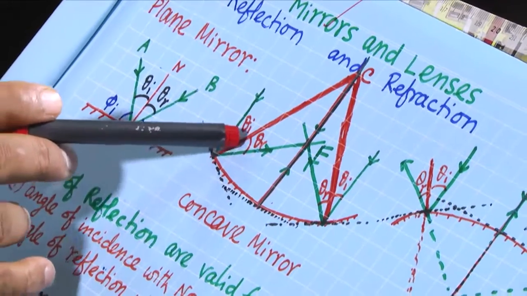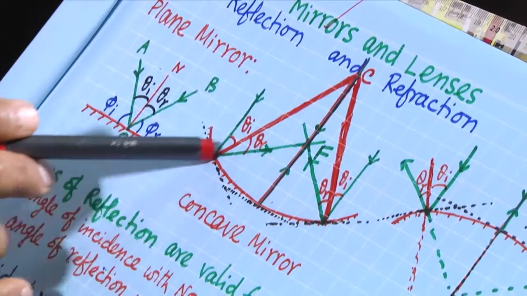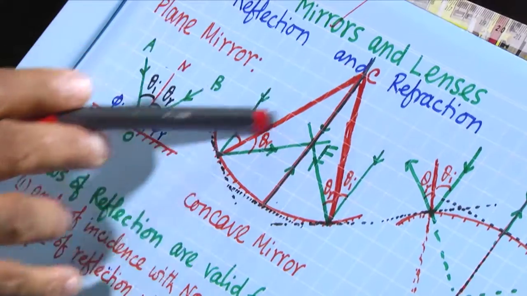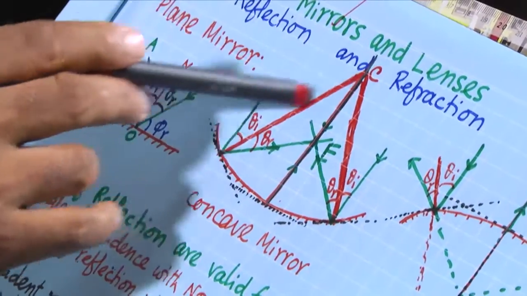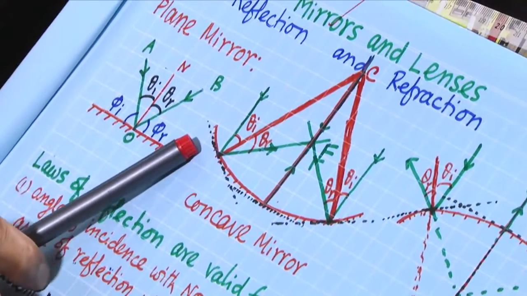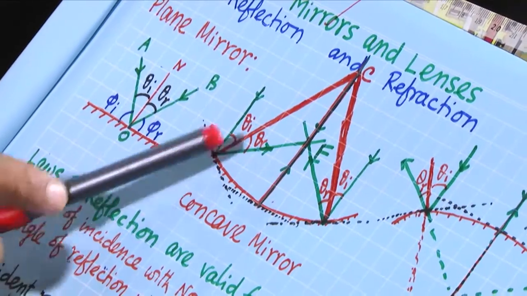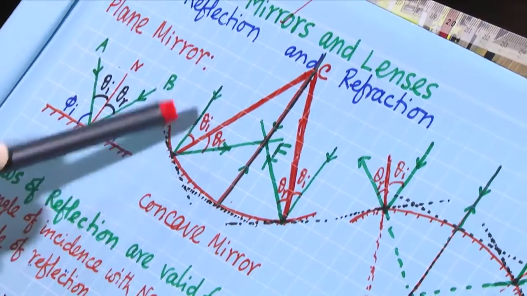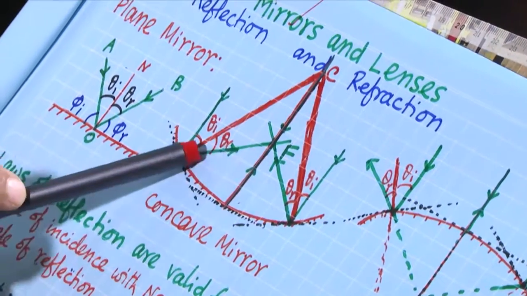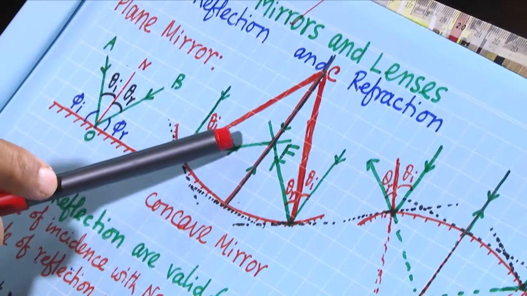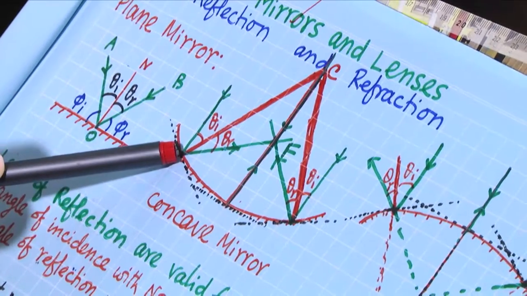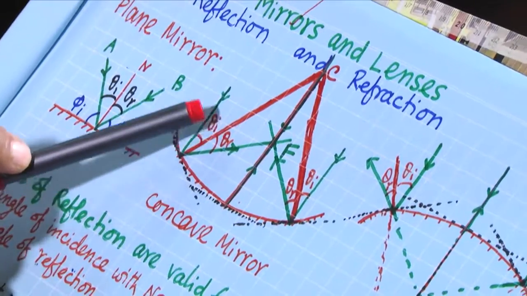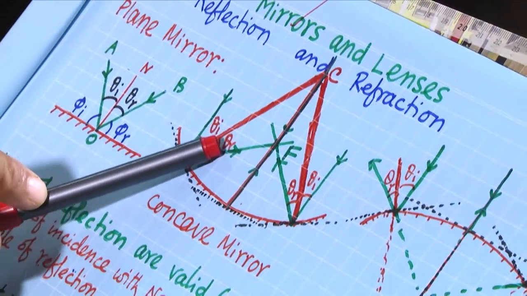Now the normal to the tangent is the radius of the sphere. This is the radius of the sphere. Okay, so this is the normal at this point from where the light is reflected. So here also the light will be reflected in such a way that it follows the laws of reflection. So this angle theta I will be equal to theta r.